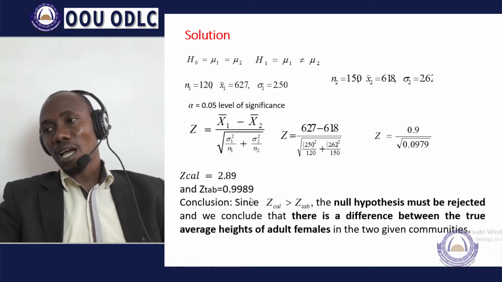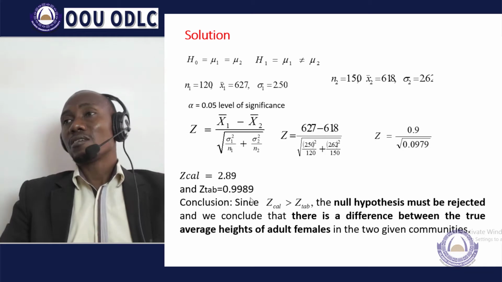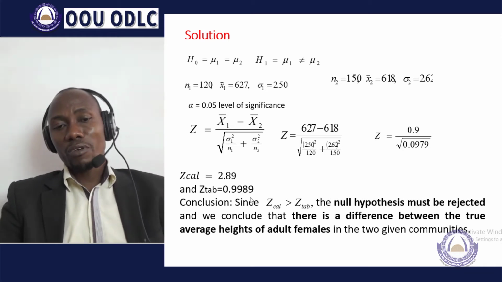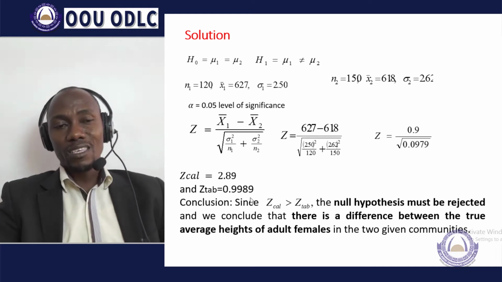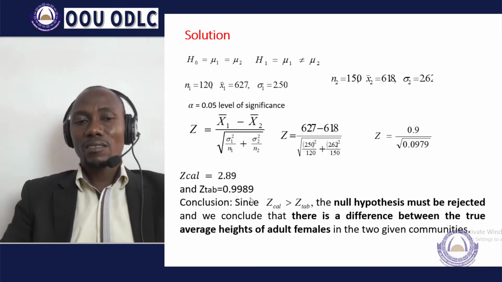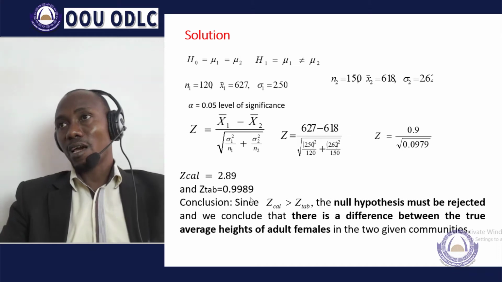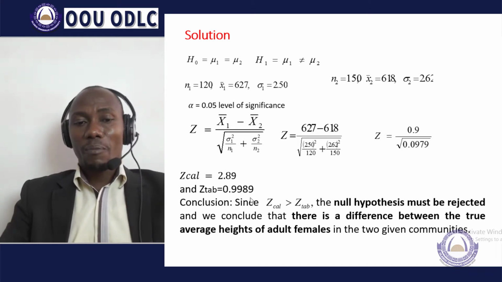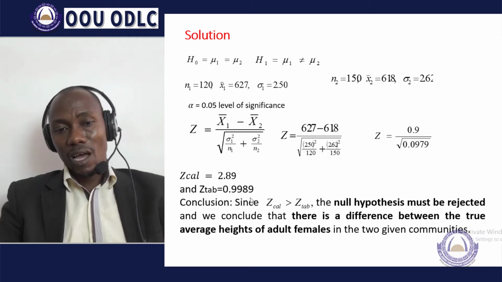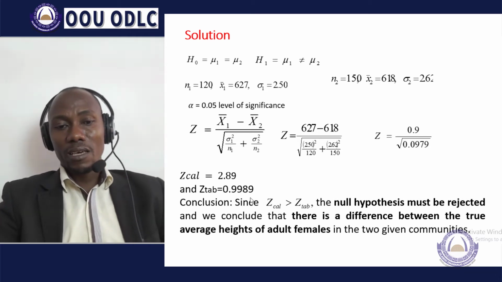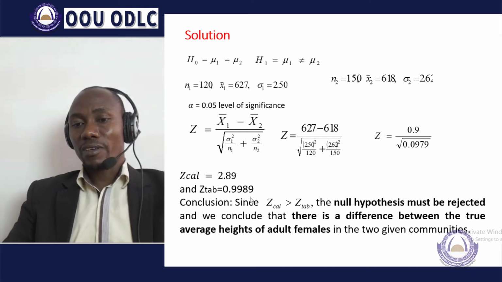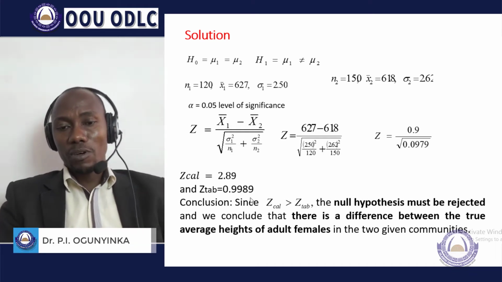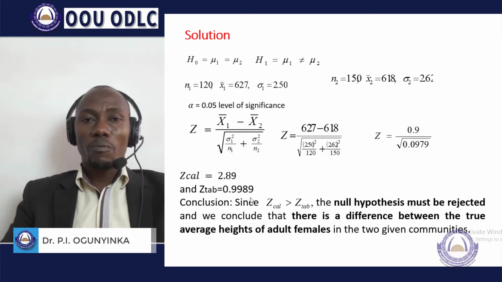And so here we shall conclude, since the calculated value is greater than the tabulated value, that is 2.89 greater than 0.9989, then we shall reject the null hypothesis as our decision and conclude that there is significant difference between the two average heights of adult females in the given communities.